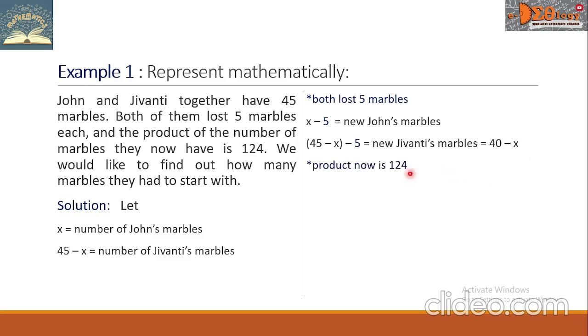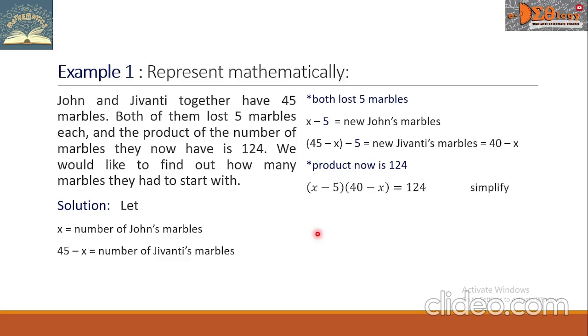In the given, it says the product now is 124 for their new number of marbles. So we represent this as x minus 5 times 40 minus x equals 124. Let us multiply this binomial by this binomial.